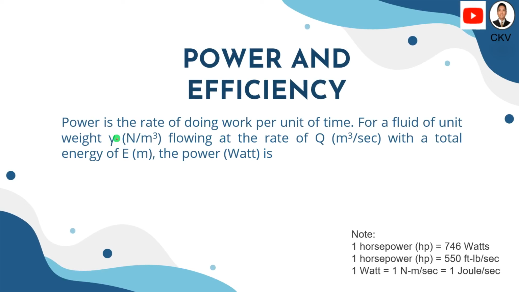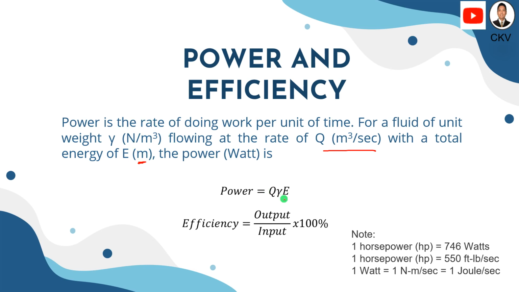For a fluid of unit weight gamma in newtons per cubic meter, and a flow rate of Q in cubic meters per second, with a total energy computed E in meters, which is the total head, the power in watts is Q gamma E. So, substituting the values for Q, gamma, and E with these units, Newton per cubic meter for unit weight, cubic meter per second for flow rate, and meter for the total energy, we can compute the power. That unit will be in watts.